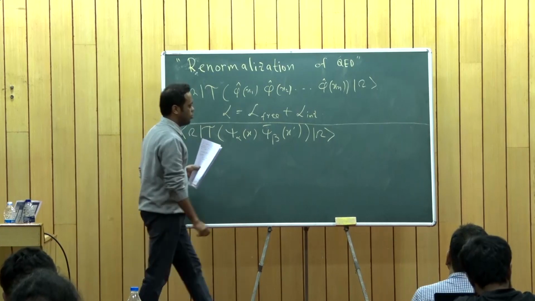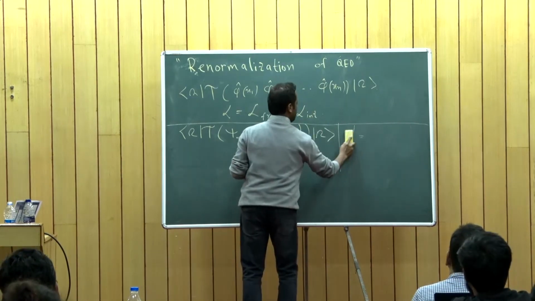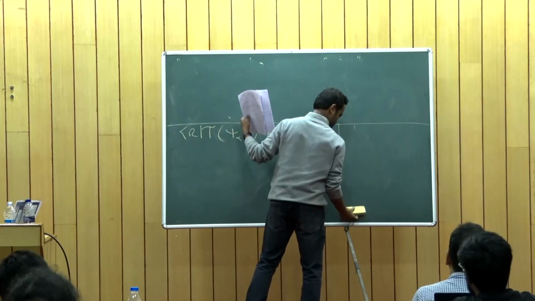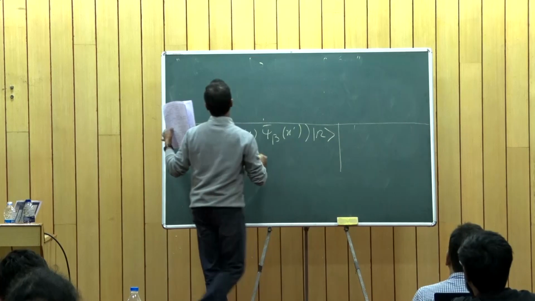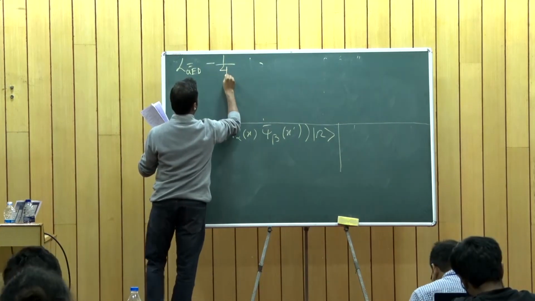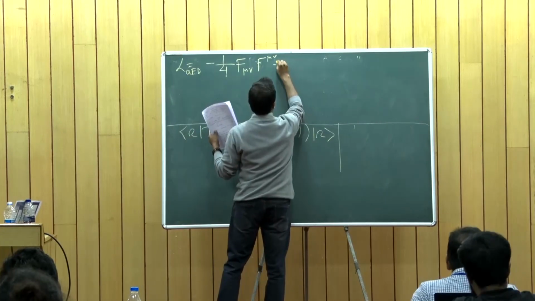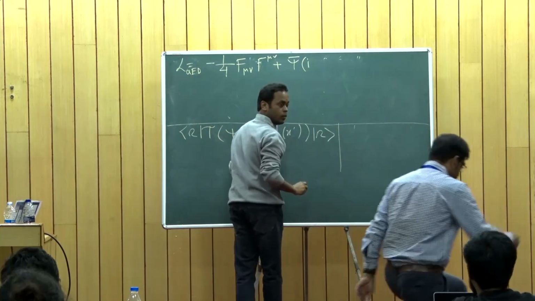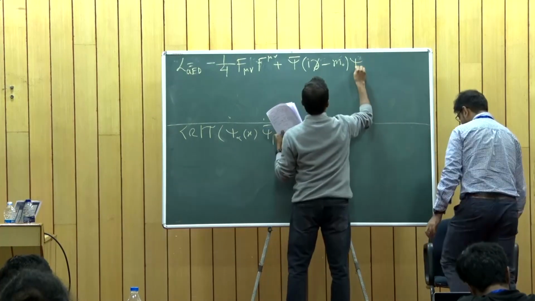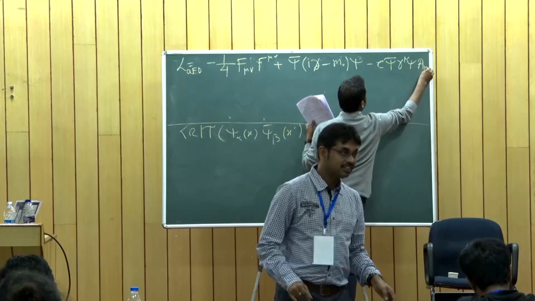In the context of QED, my L is the QED Lagrangian, which is minus 1/4 F mu nu F mu nu plus psi bar, and so on.